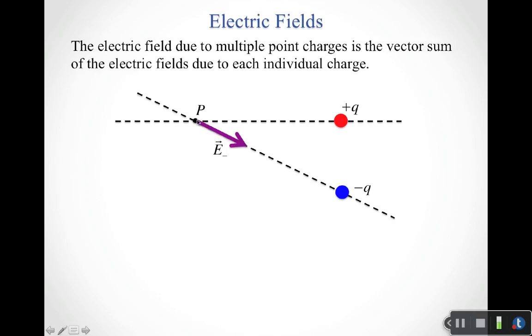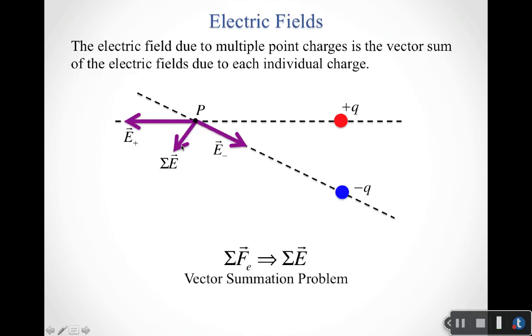If I put a positive test charge here at point P, it would be repelled by my positive charge here, so this positive charge is going to generate a contribution to the electric field that points along the line and away. I can calculate the magnitudes of these vectors by using my kQ over r squared equation. Then to add these up, I need to add them up as vectors. So graphically, tail to tip, adding these two vectors is going to give me something that points about here.